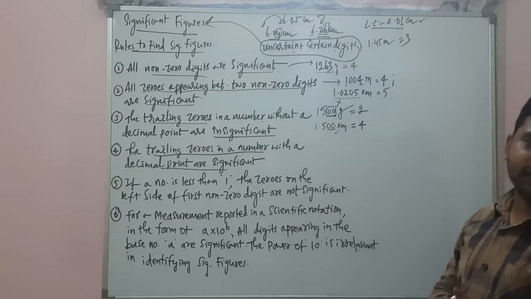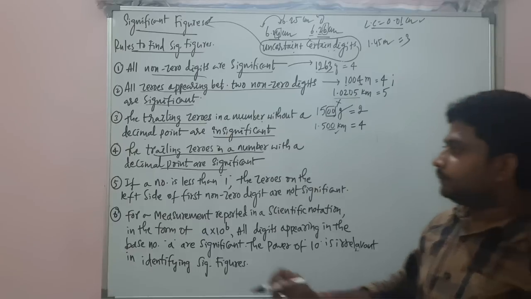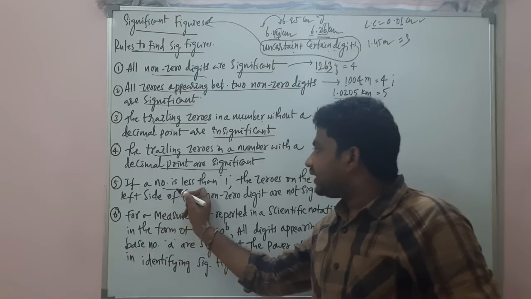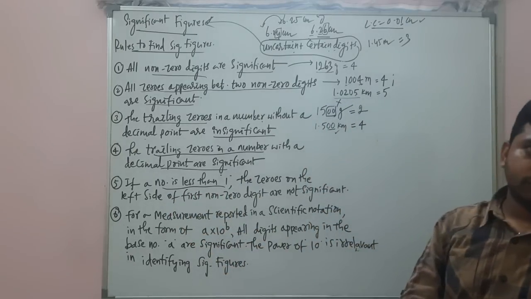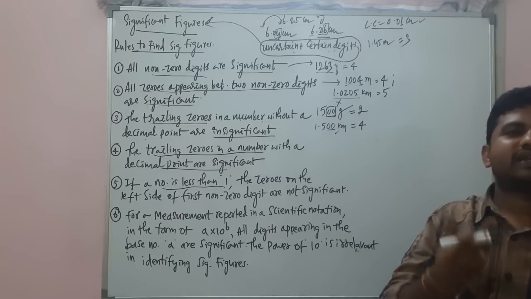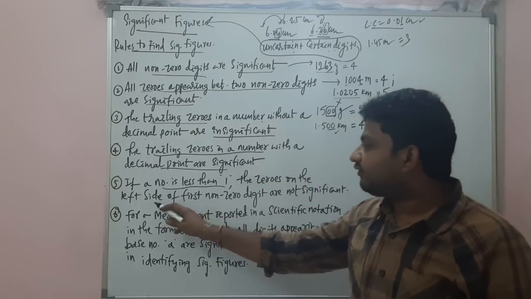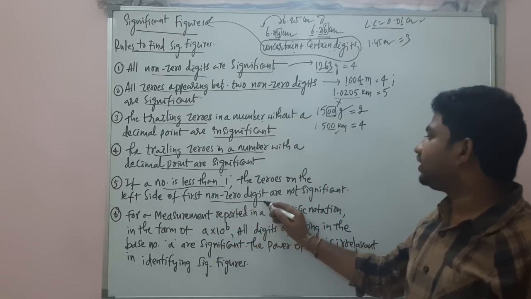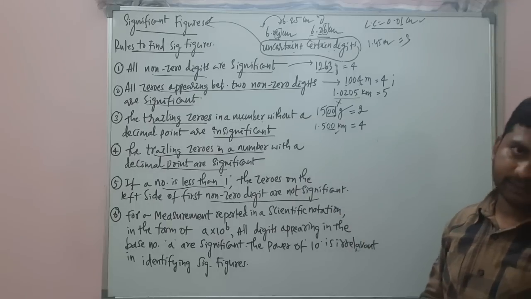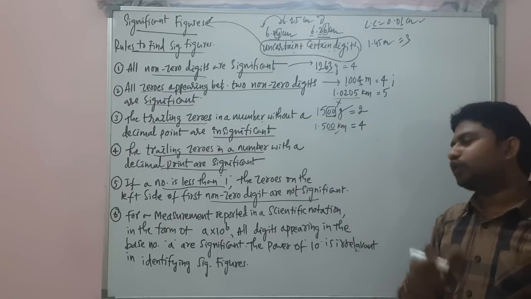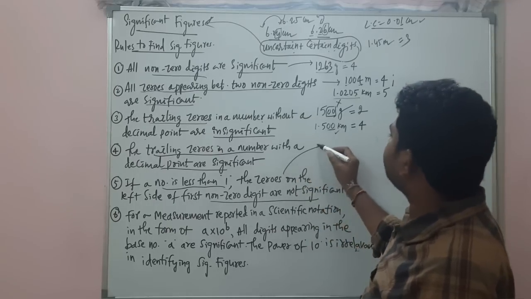Now come to another point, the 5th point. If your number is less than 1, the zeros on the left side of the first non-zero digit are not significant. I'll give you an example and you will understand far better.